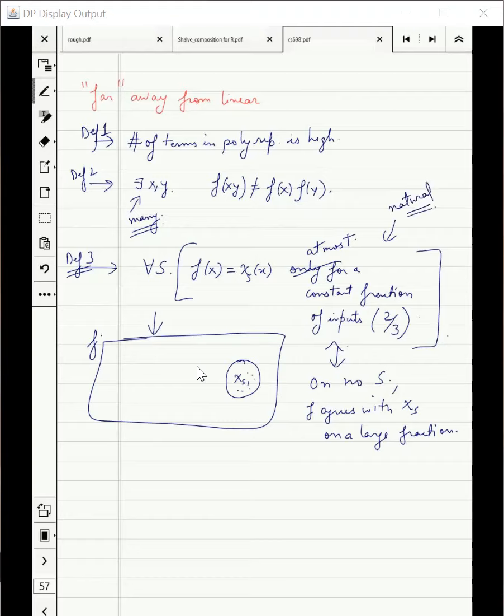So f is far away from linear if the distance between f and chi-s is pretty big. The number of places where f and chi-s agree is small.